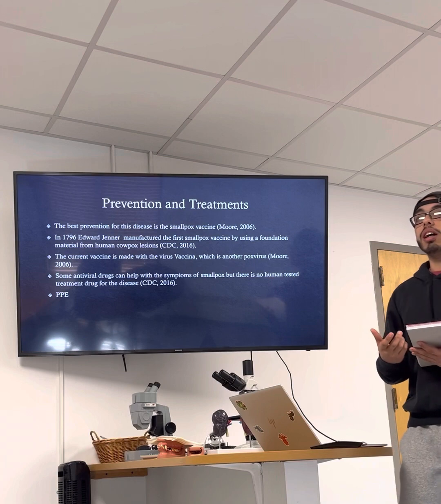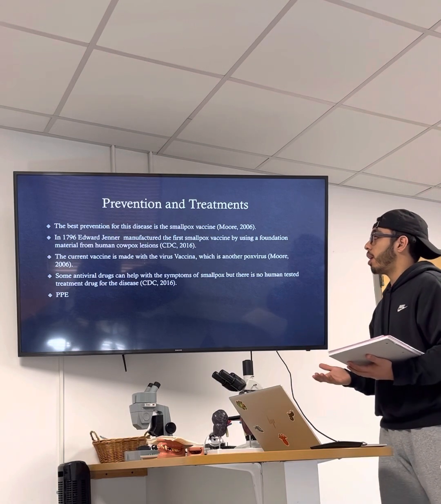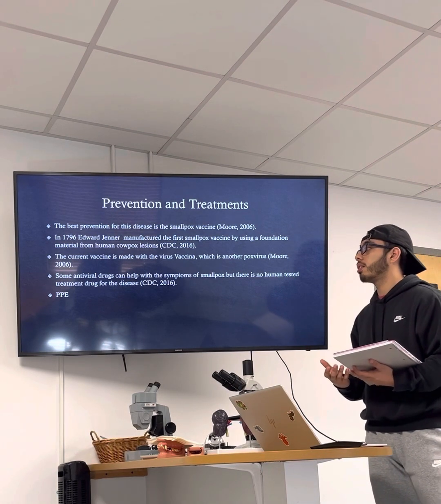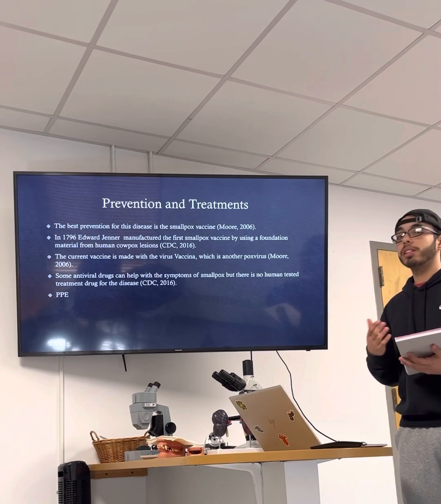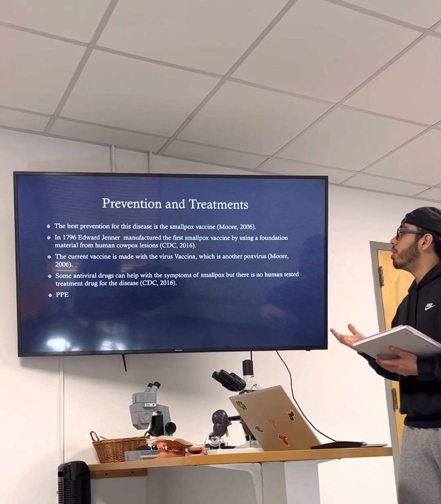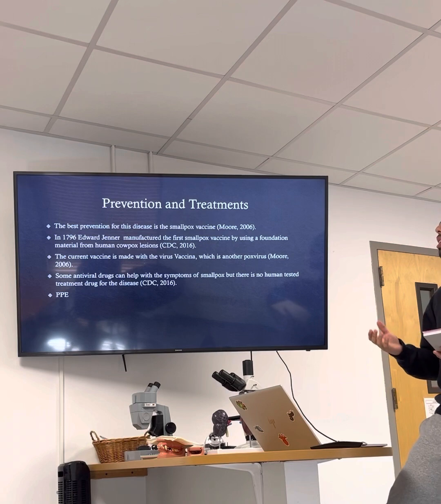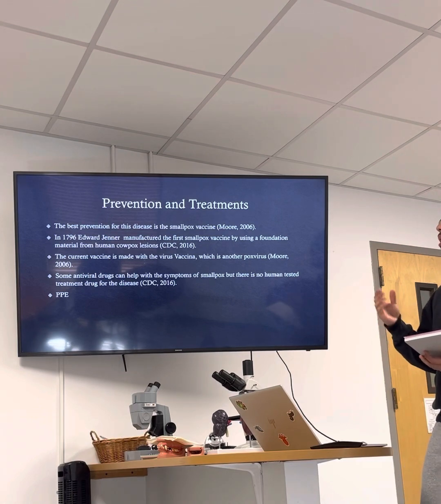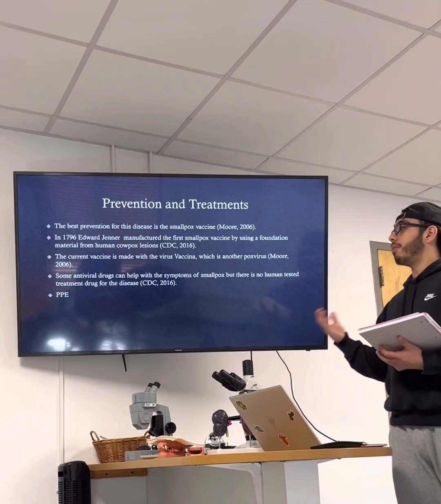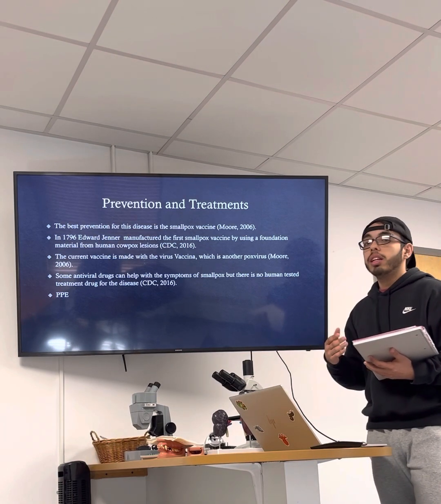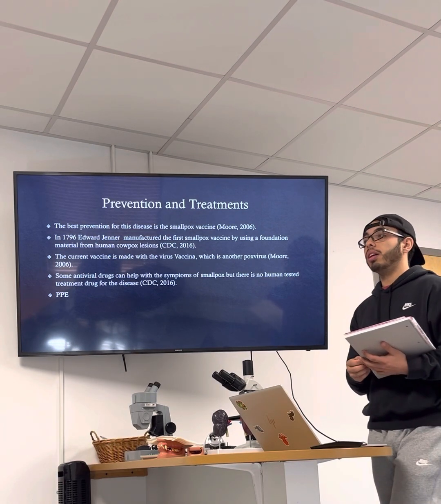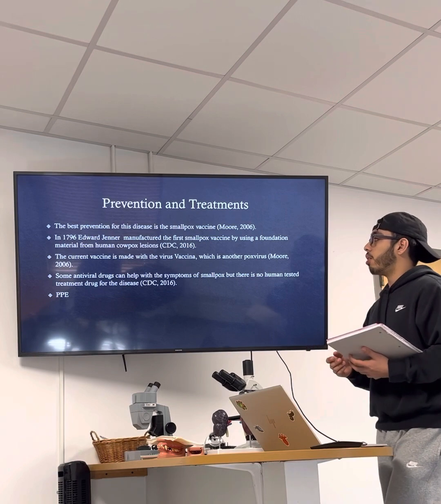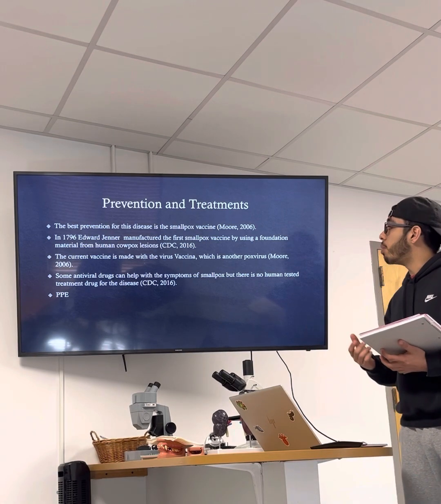Since the variola virus, or smallpox, is in the family of the orthopox viruses, it makes them all very similar. So what he did was inoculate people with the virus from those who had been exposed to cowpox, and found out that by doing so, he could give people a better immune response to the smallpox virus.